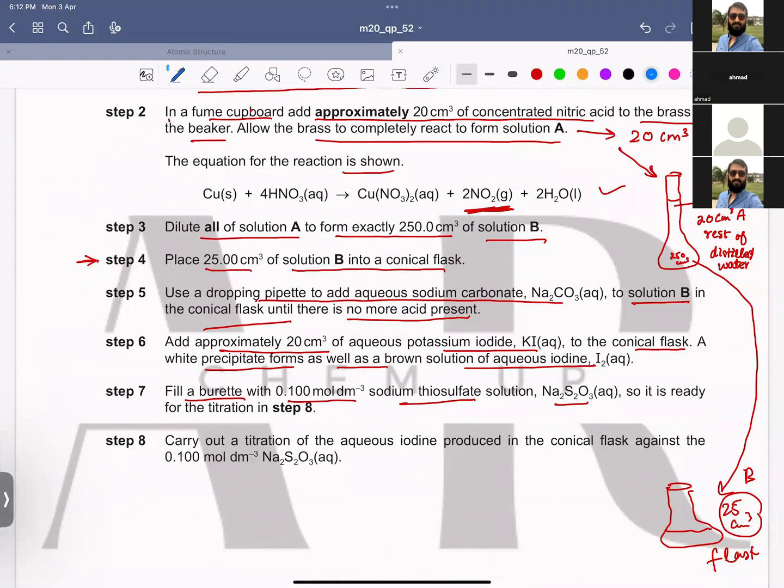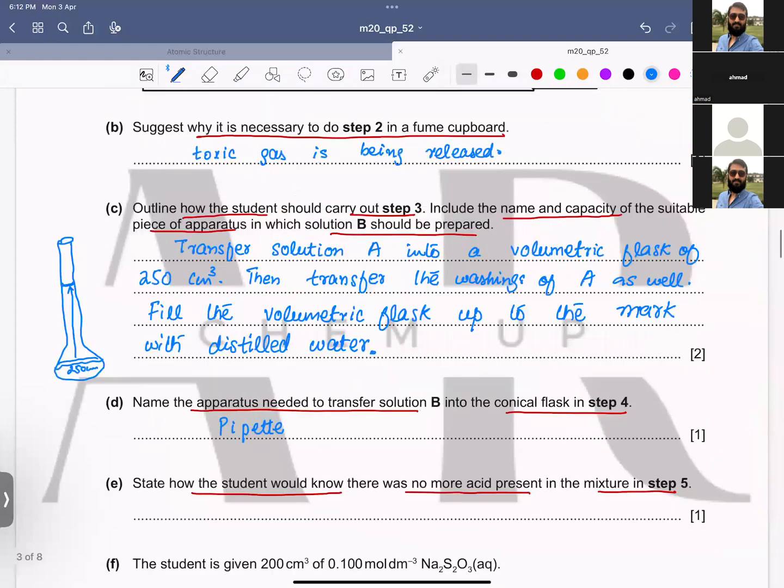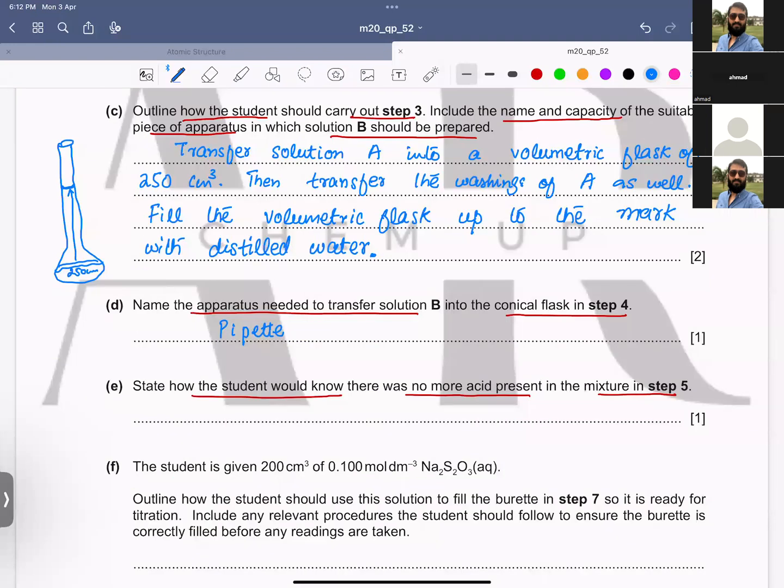No more effervescence. Yes, Ahmed, what were you saying? I was saying the same. Okay, so no more effervescence, or the effervescence forming stopped.